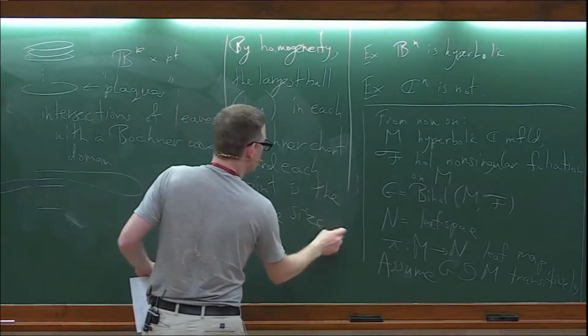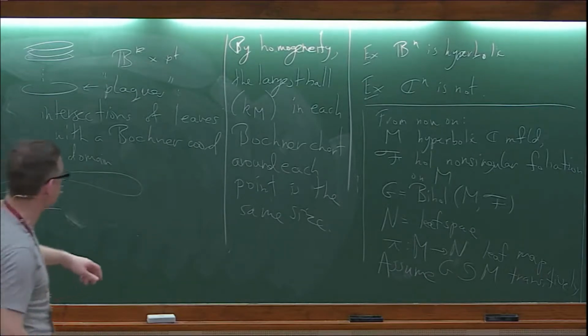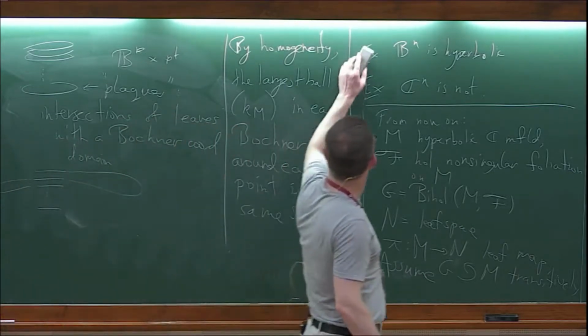Because it's homogeneous, it looks the same everywhere. Whatever size of ball you can fit in one Bochner chart, you can fit the same ball in the other chart and in the other chart. In fact, you can just grab the chart and slide it over and make a new chart. So you can pick up your charts and slide them around and make new charts anywhere you want, and they all look the same, so to speak. They have the same size of balls inside them, in the Kobayashi sense.